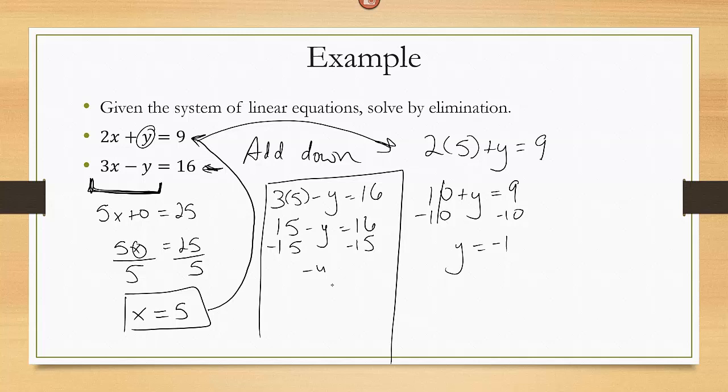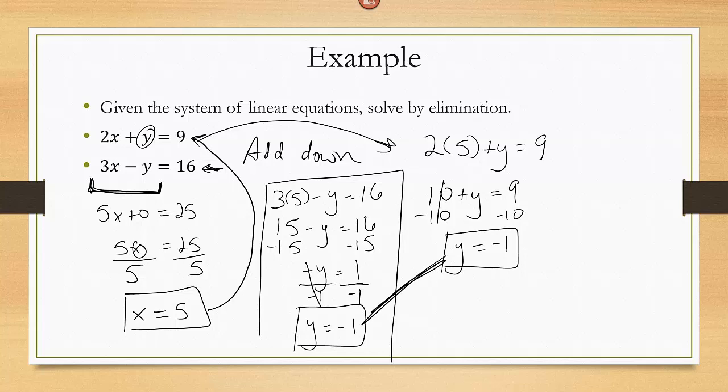That leaves us with negative y equals 1. We have a negative 1 times y, and we need to get y by itself, so we need to divide by negative 1. And then the negatives cancel, we're left with y equals negative 1. So these are the same, just proving that we can plug our x into either equation and get the same answer. So our official solution to this system of linear equations is 5, negative 1.